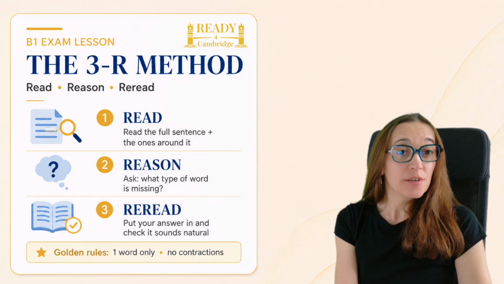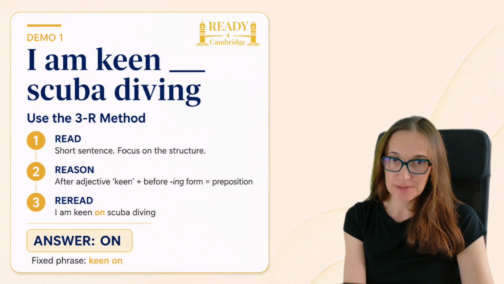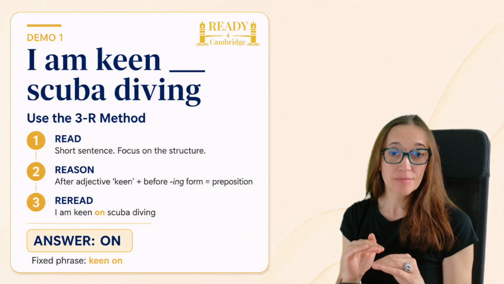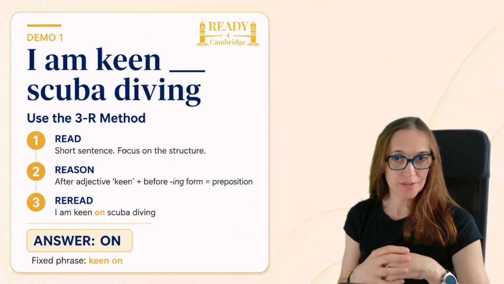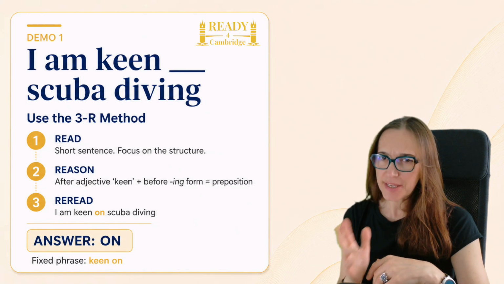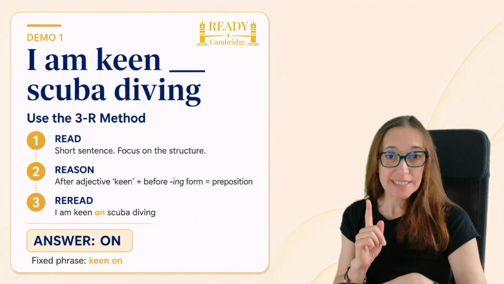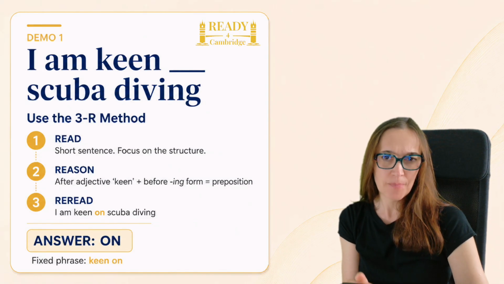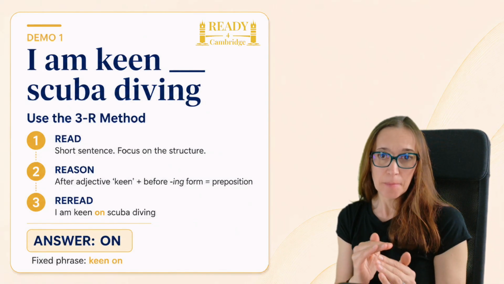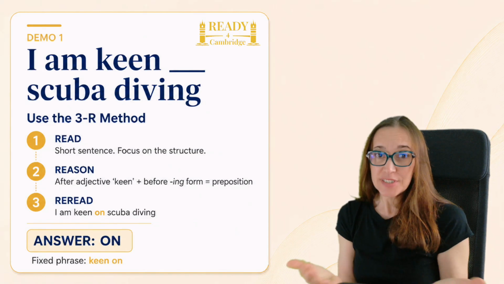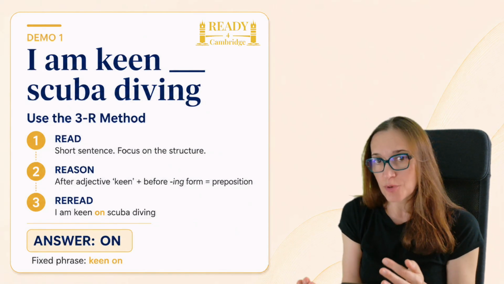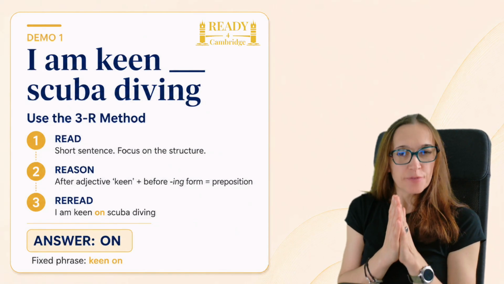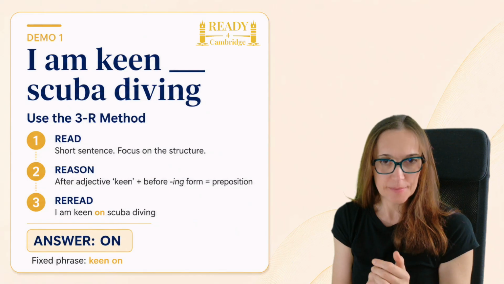Here is our first sentence. I'm keen scuba diving. Let's apply the 3R method. Step 1, read. It's a short sentence. I read it in full. I'm keen scuba diving. There is no sentence before or after to read, so I focus on what I have.